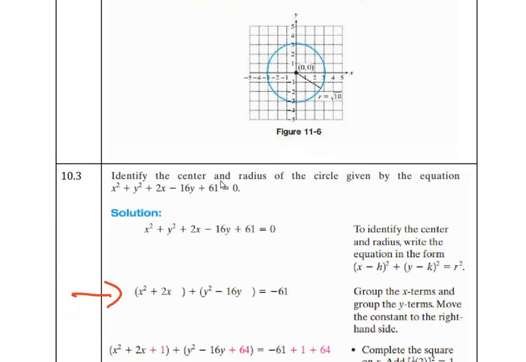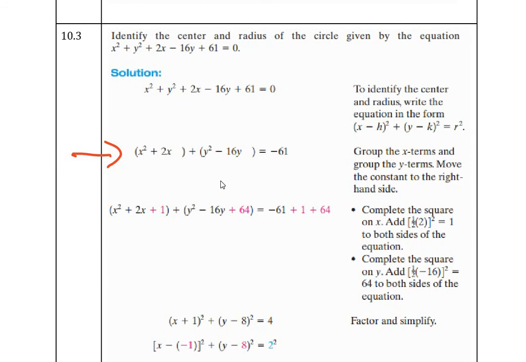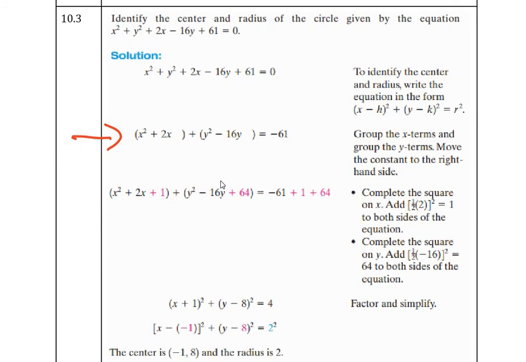I actually want to get to this 10.3 now because this is what you can expect now. So you're going to have the circle in this form. Okay. And then we will need to complete the square once again so that we can write the circle in the bracket squared form like here so that we can find the center.